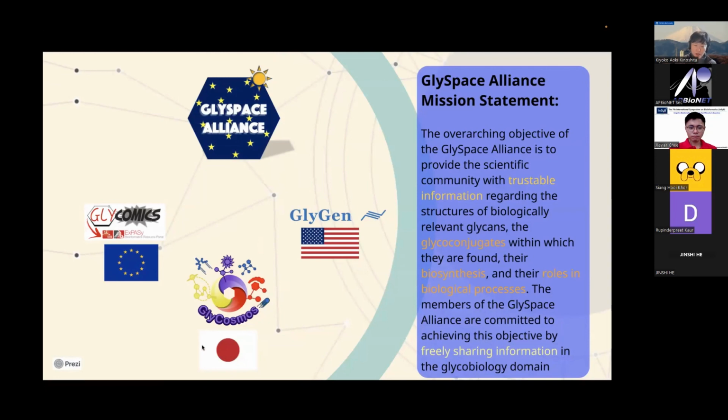So we have all agreed to share our data with each other, and also to make sure that everything is trustworthy, and making it all freely available. We've really tried to work together internationally to provide a solid foundation for glycosciences.